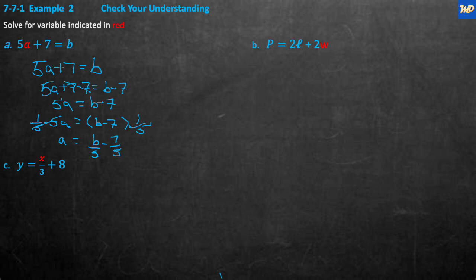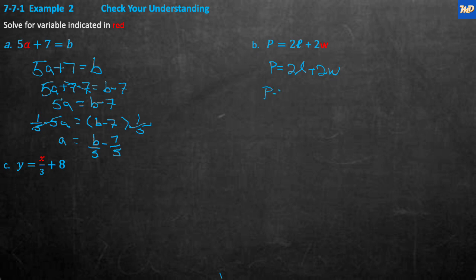And this one over here, we have P is equal to 2L plus 2W. That's like the problem we had on the other page. We're just going to solve for W this time. I'm rewriting the equation. So now we want to get the W by itself, so we're going to move the 2L.